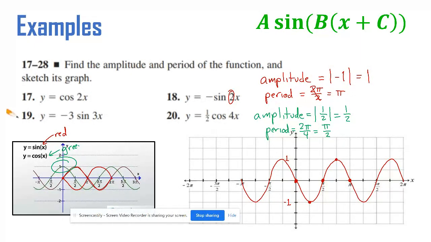So normally we would start up at 1, but because our amplitude is 1/2, we're going to start at 1/2 because we're shorter. It will take until pi over 2 to run through one full cycle. So we will go all the way down and all the way back up to get to pi over 2.